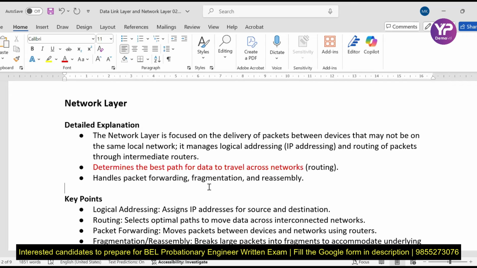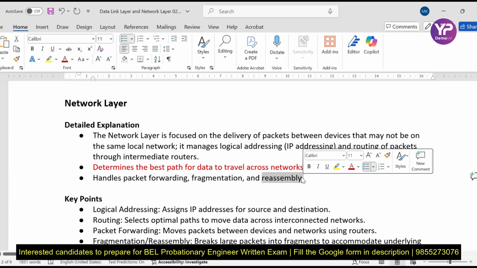That's why over the network, if there is a requirement of dividing the packet, that is also done by network layer, and that is called fragmentation. And at the destination side, it reassembles all those segments. That's why reassembly is also done at network layer. Are you getting my point?